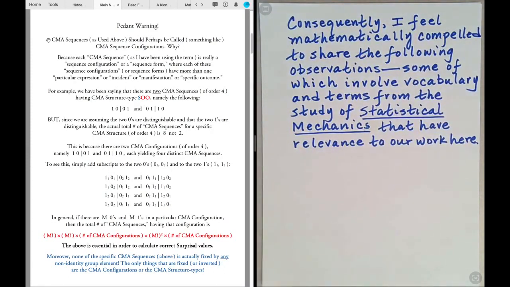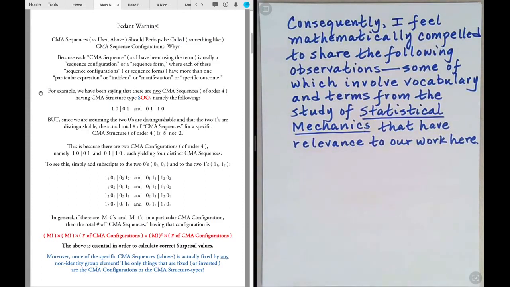Because each CMA sequence, as I have been using the term, is really a sequence configuration or a sequence form, where each of these sequence configurations or sequence forms have more than one particular expression or incident or manifestation or specific outcome.